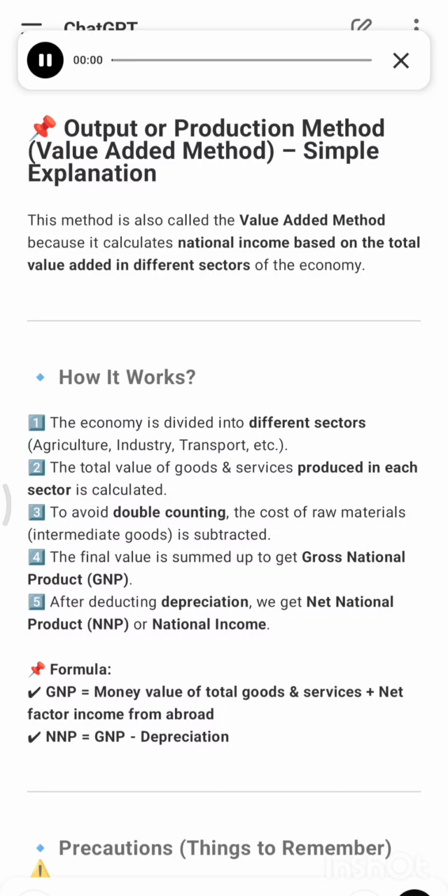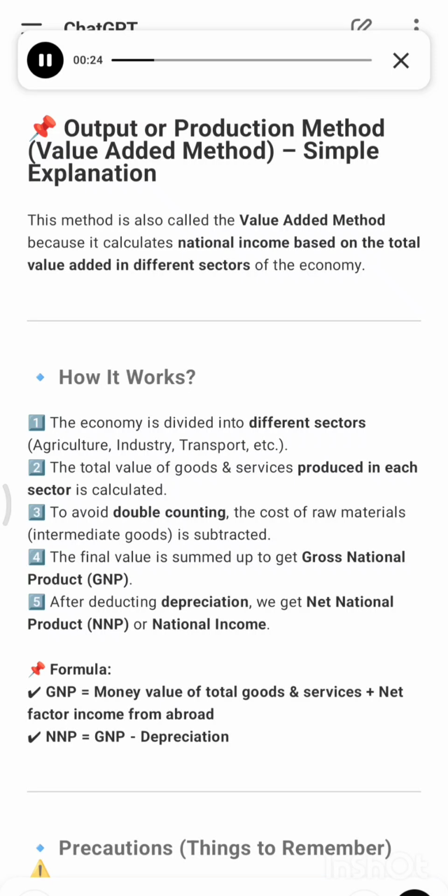Output or production method, value-added method, simple explanation. This method is also called the value-added method because it calculates national income based on the total value added in different sectors of the economy. How it works. 1. The economy is divided into different sectors, agriculture, industry, transport, etc. 2.